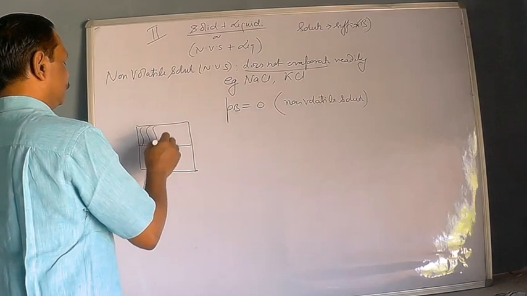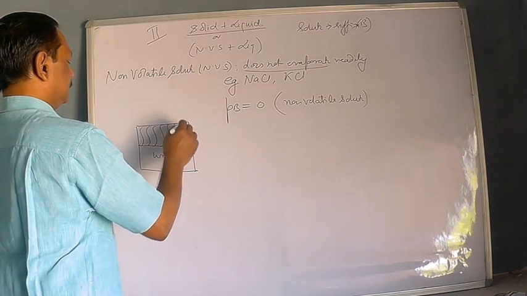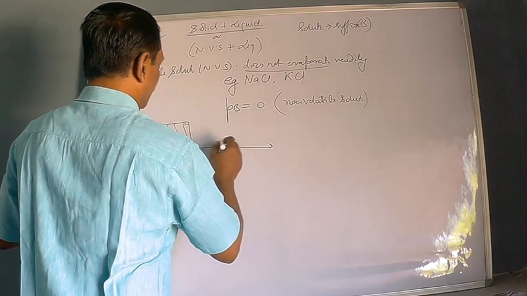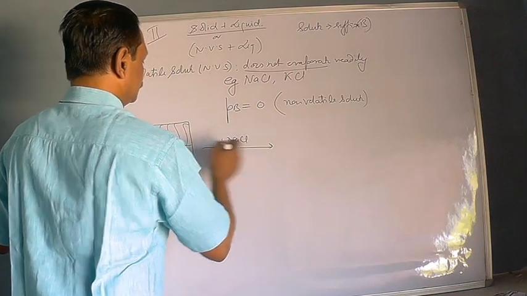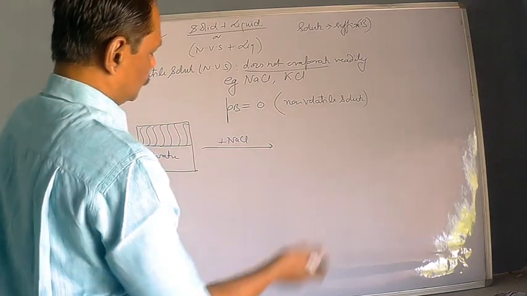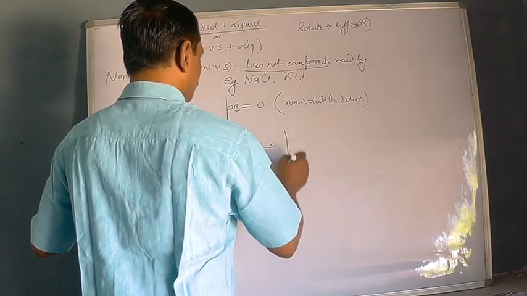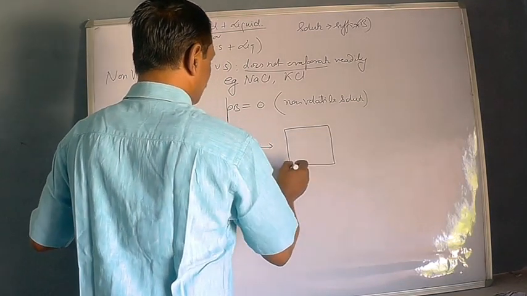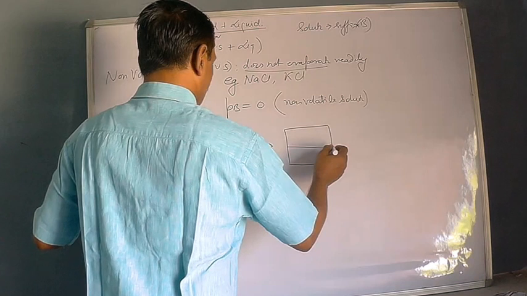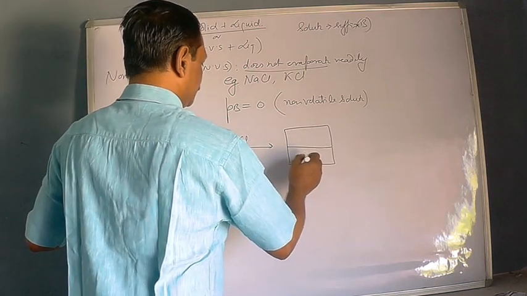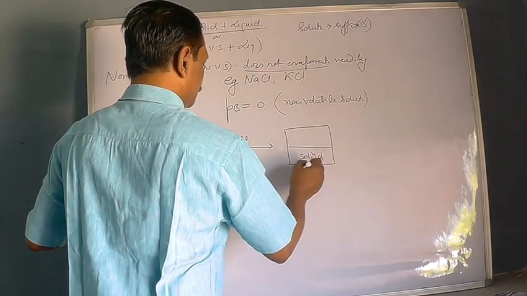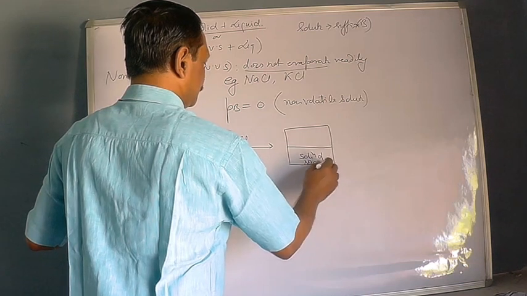You all know that water is a volatile liquid. And now I am going to add NaCl to it. Sodium chloride is simply your common salt. This is found in your kitchen, and we are all very familiar with NaCl. Now we get a solution over here, a solution of NaCl, aqueous.